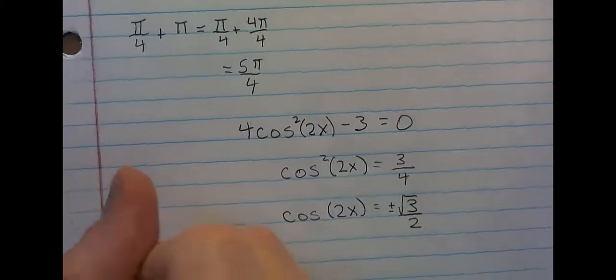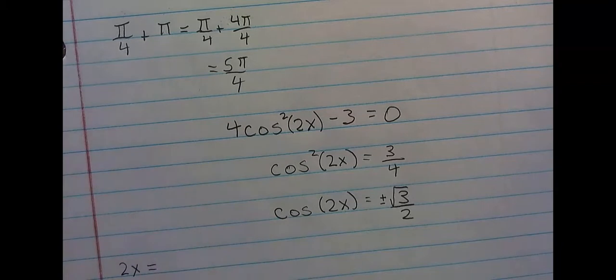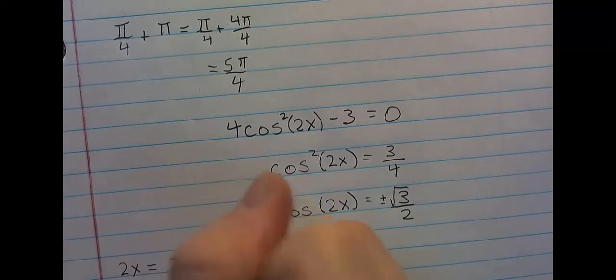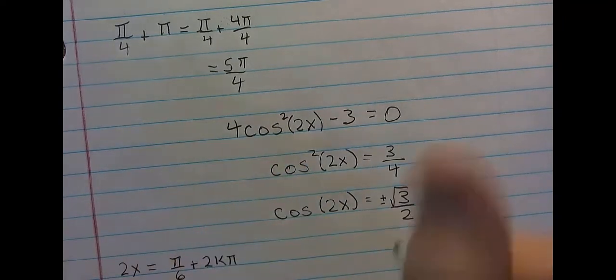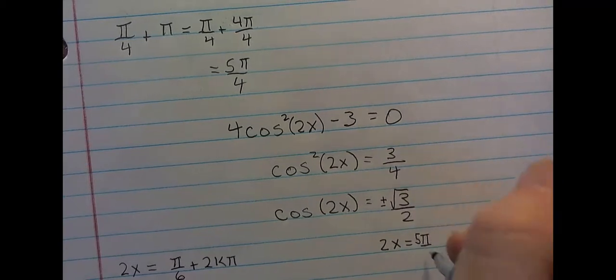We could say, okay, I've got 2x equals pi over 6 plus 2k pi, 5 pi over 6 plus 2k pi.